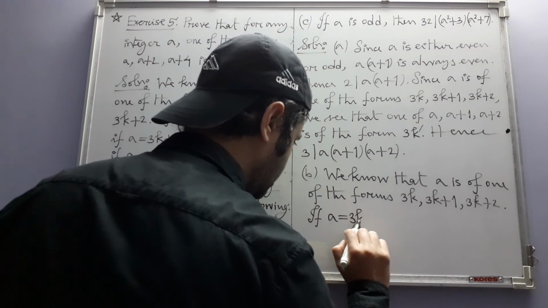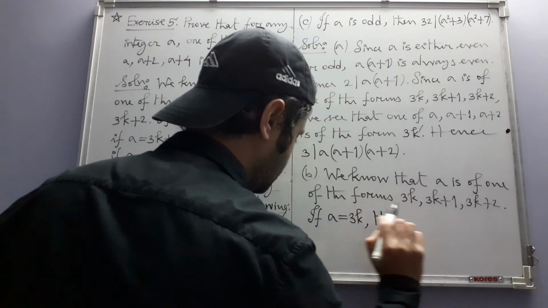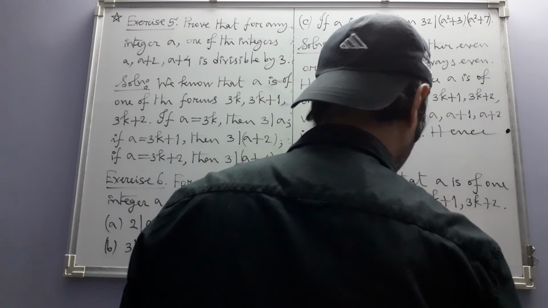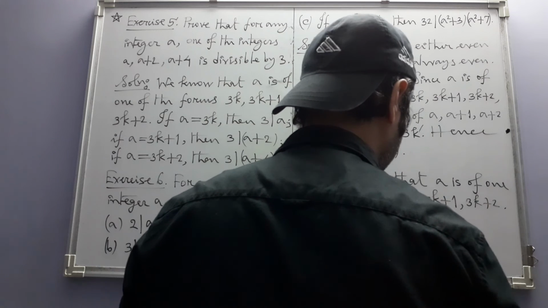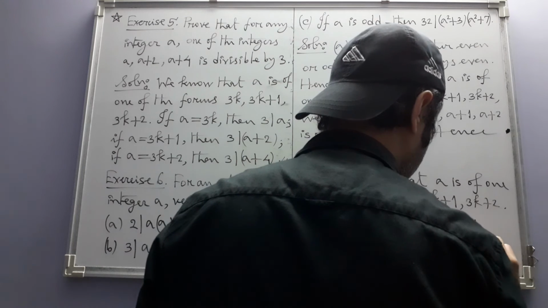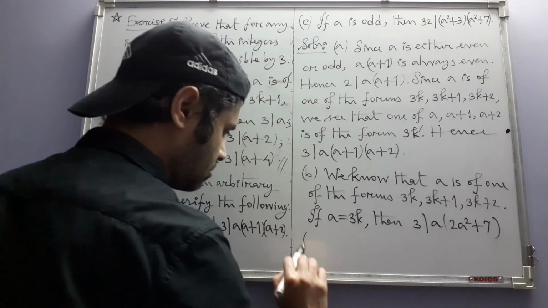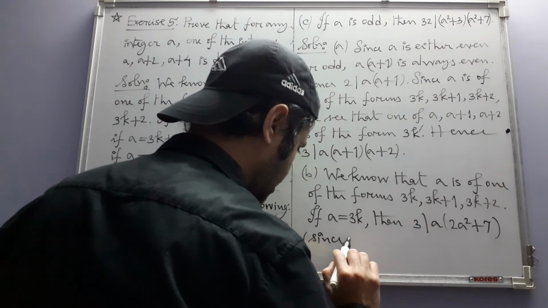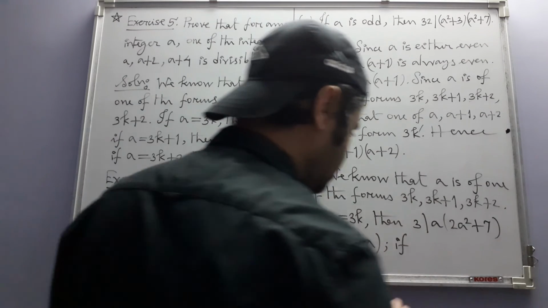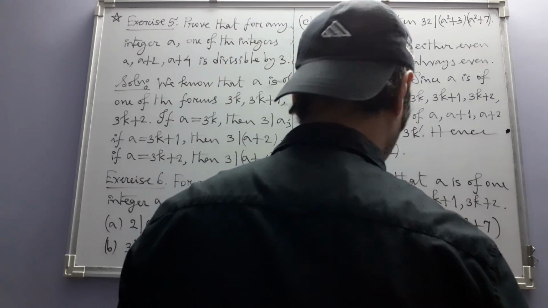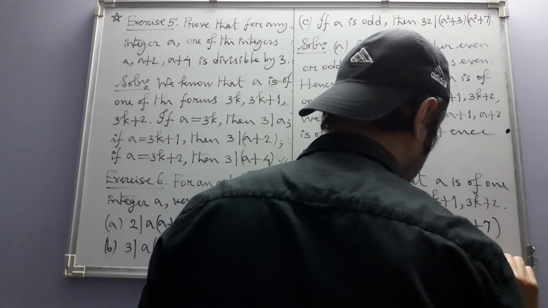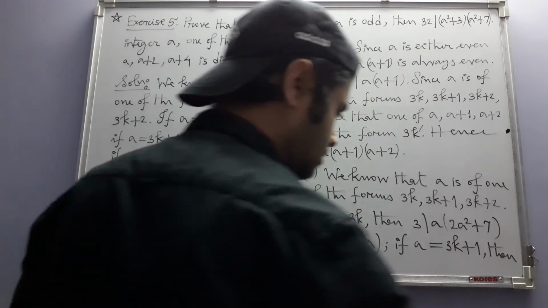If A is 3k, then 3 divides A. Or let me write the final conclusion. In brackets we can write since 3 divides A. If A is equal to 3k plus 1, then what happens?